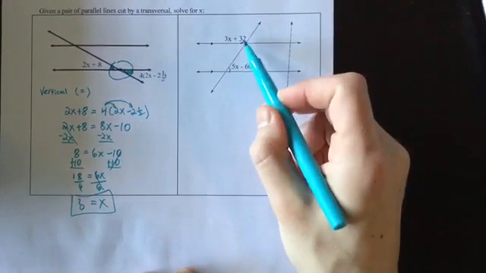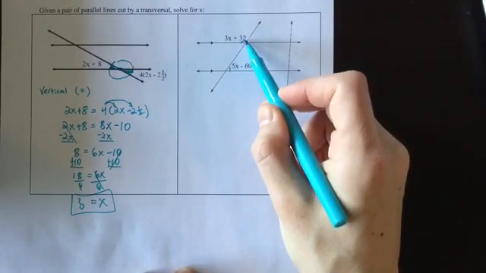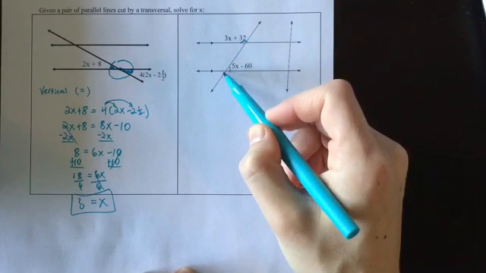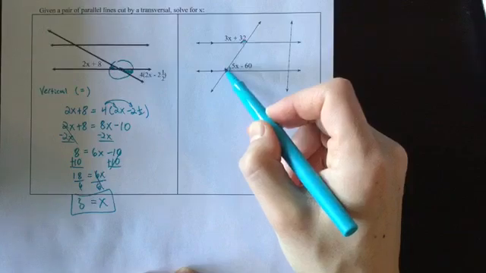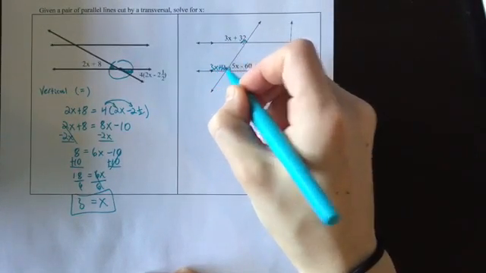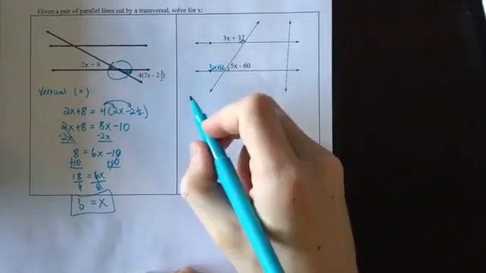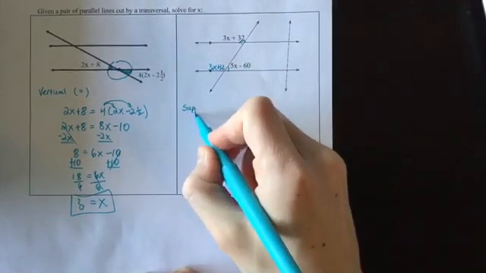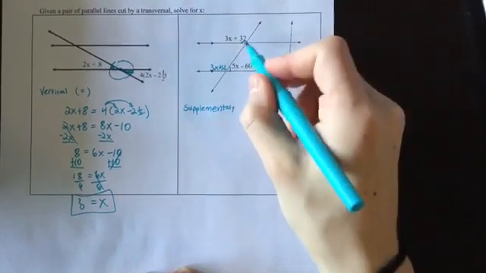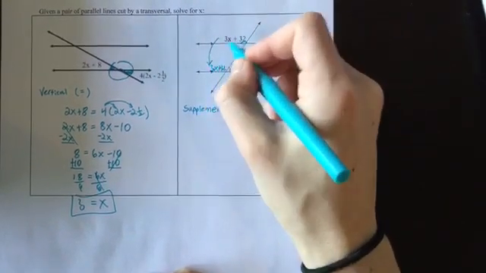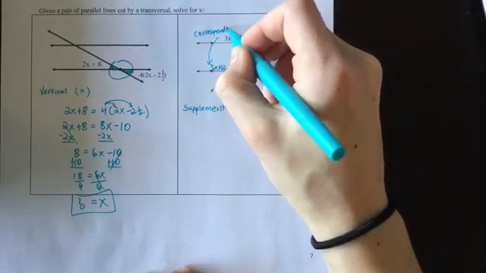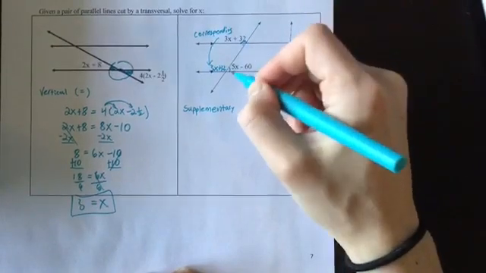What I want to notice is if I take 3x plus 32 and I bring it down to its corresponding angle, that's going to be right here. And from there, I can see that those angles are supplementary. Okay, so I'm just using the fact of a corresponding angle to my advantage, sort of replacing it. You may have also seen, ooh, I can put it here.